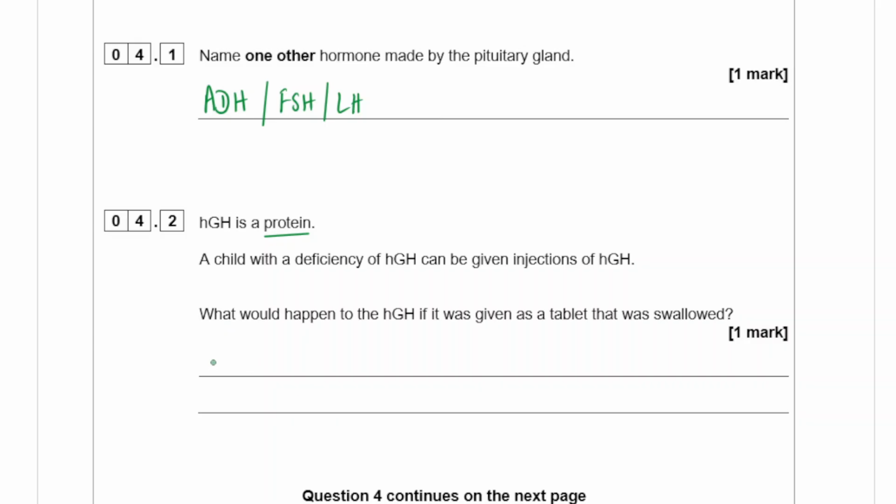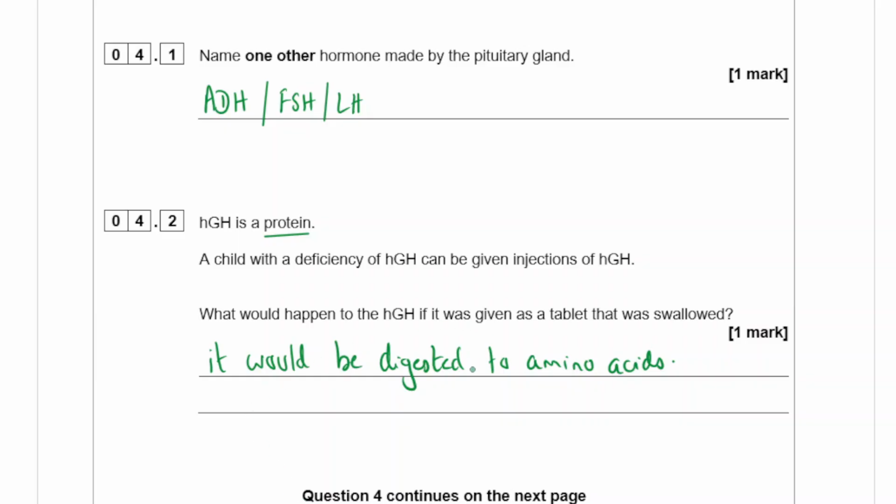So it would be digested to amino acids. Right?